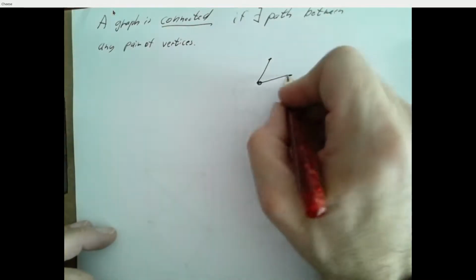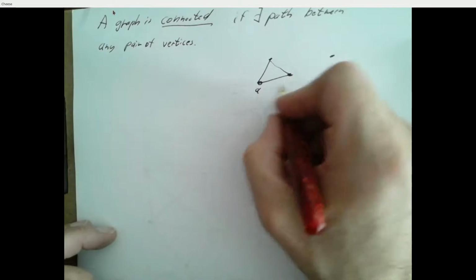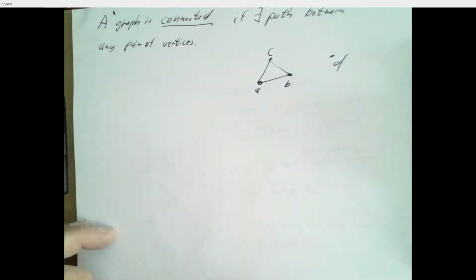And I'm thinking undirected graph here. So 2 points, if there's a way to get from one point to another in all cases, then it's connected. An unconnected graph would be something like this. And there's no path from A to D.